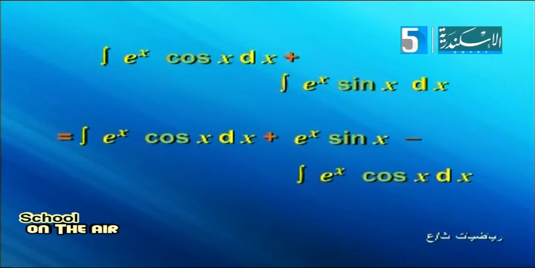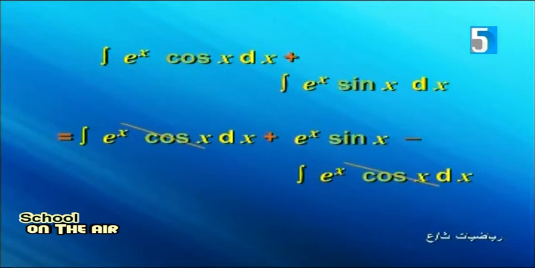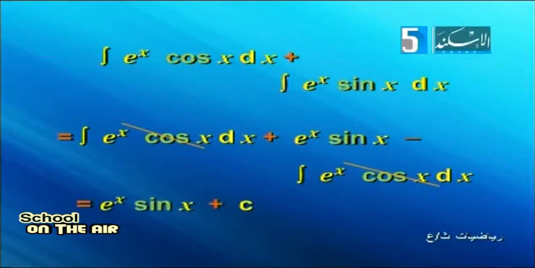Now cancel the e power x cosine x dx and the negative e power x cosine x dx. Then the integration equals e power x sine x plus the constant c.